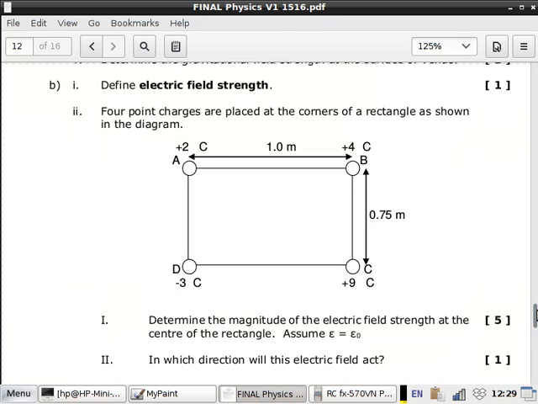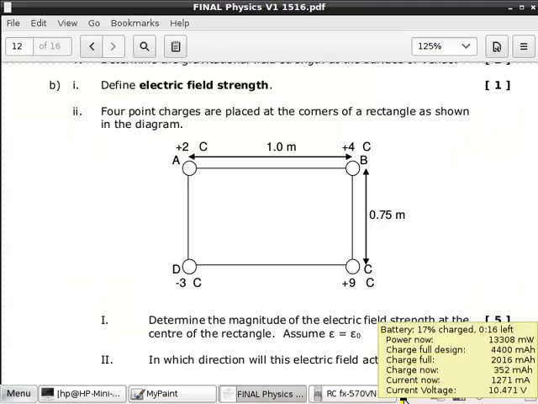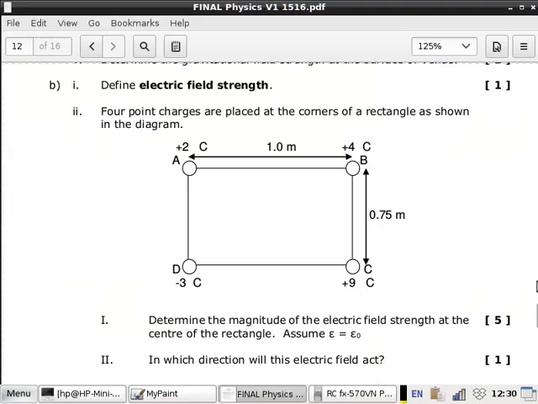Right, Sean. What is electric field strength? Monica, what's electric field strength?